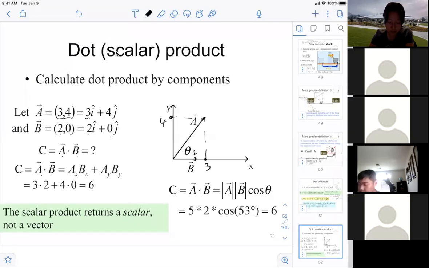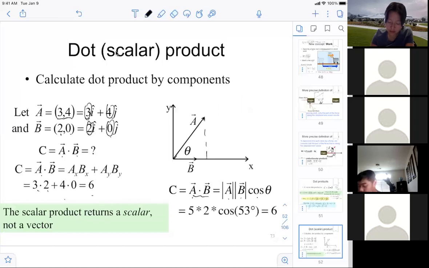If you do it component by component, you multiply the components together: 3 times 2 plus 4 times 0, you get 6. Or you can do it the other way using the magnitude of A. The magnitude of A is the length of A, which is the square root of 3 squared plus 4 squared, which is 5. And the magnitude of B is simply 2, because there isn't a Y component. So 5 times 2 times cosine of the angle theta. Again, if theta isn't given in the information, you have to find it yourself.